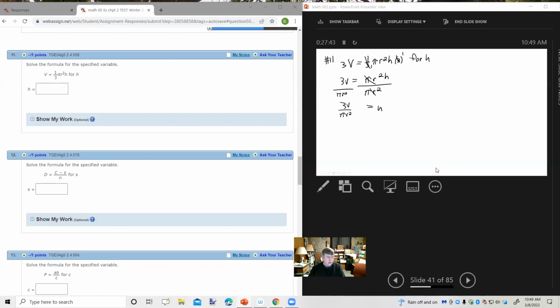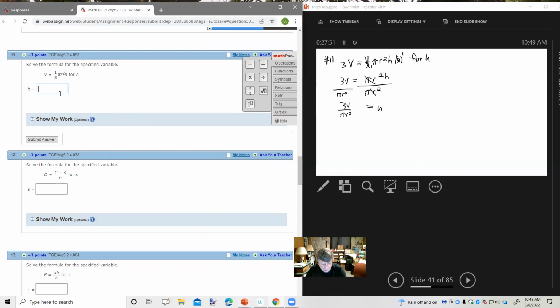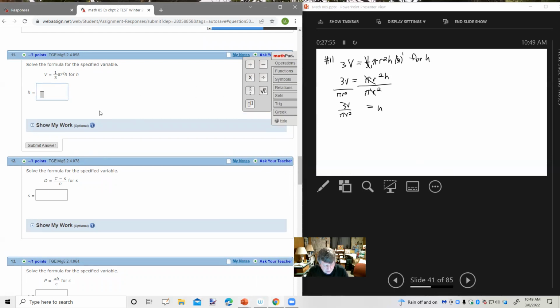Now, you've got to be careful to use the same capital or lowercase letters. So h is going to be, let's see here, we've got a fraction. So the numerator is going to be 3. That's a capital V, I do believe. Over, let's see, pi. And where is pi?